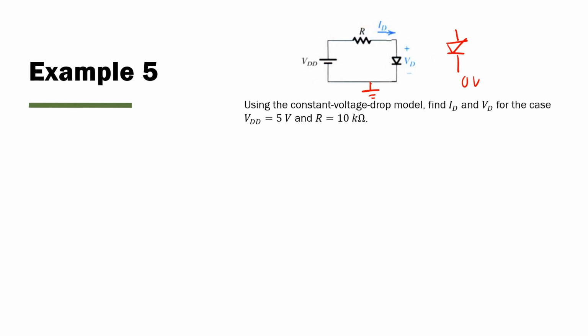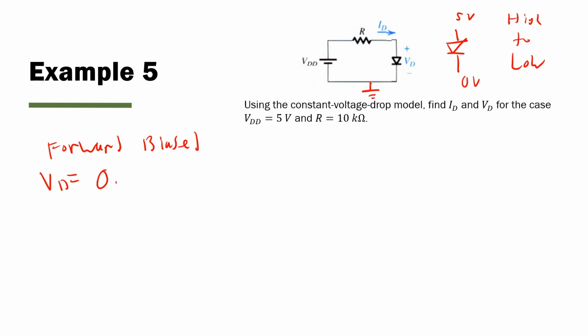At the anode, VDD is 5 volts, so we're going from high to low. So this diode is forward biased, and because we're using the constant voltage drop model, that means VD equals 0.7 volts.